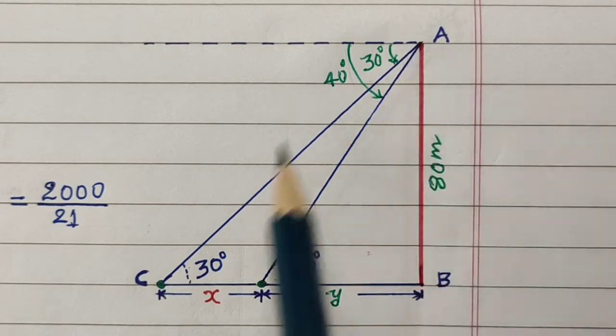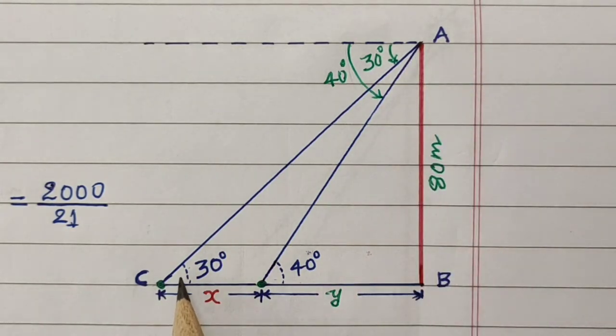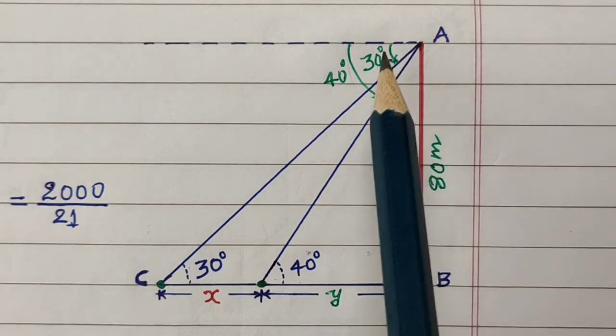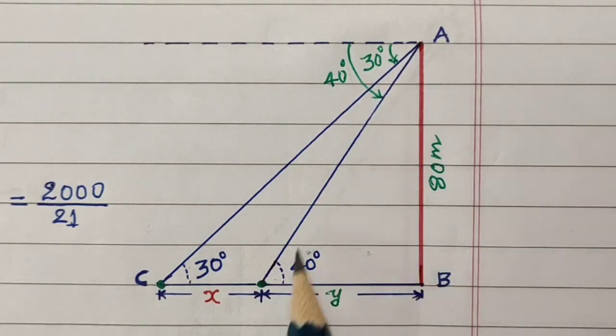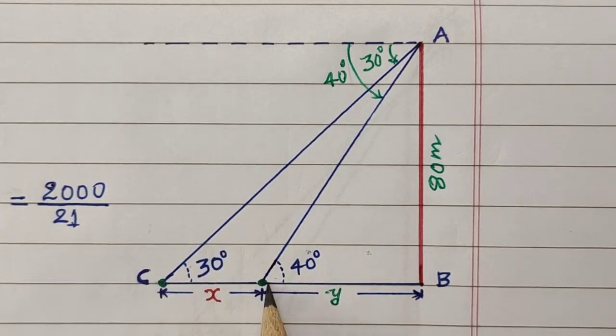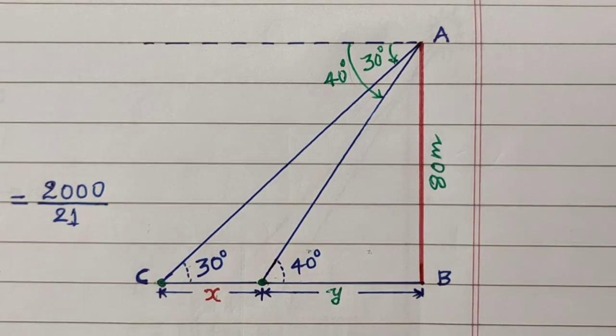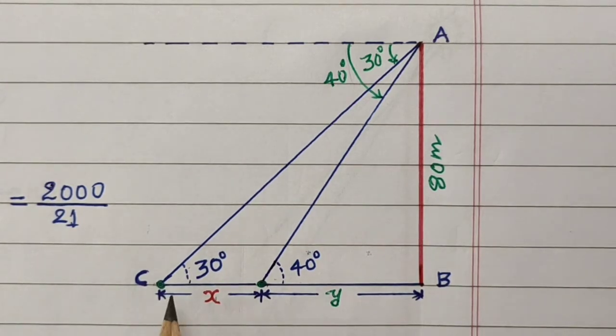From here when you observe the two ships, the angle of depression of the first ship is 30 degrees, and the angle of depression of the second ship is 40 degrees. So we need to calculate the distance between the two ships, which is x. To find x, we have to use this triangle.